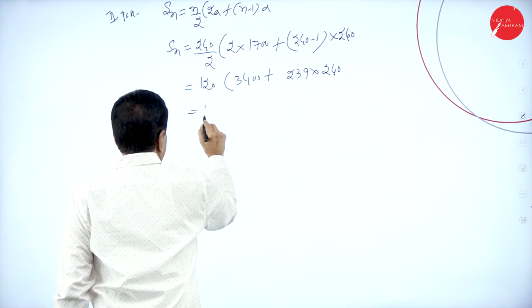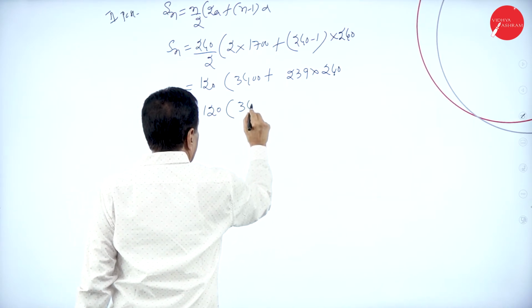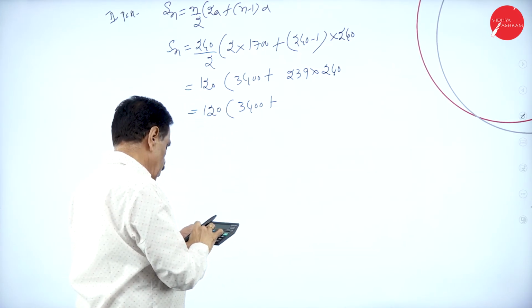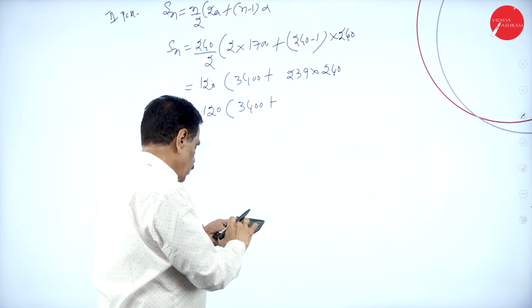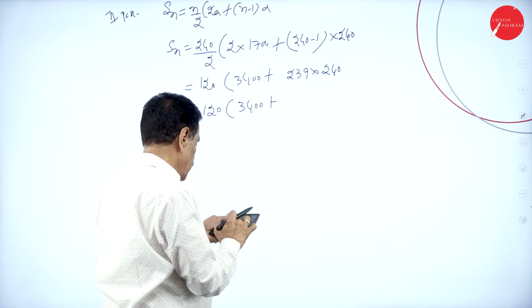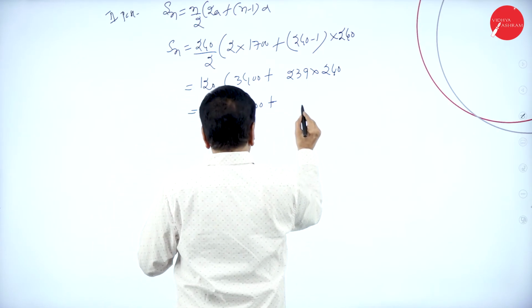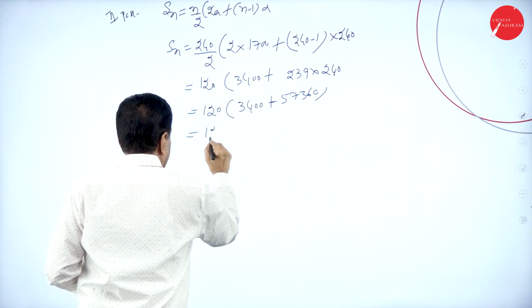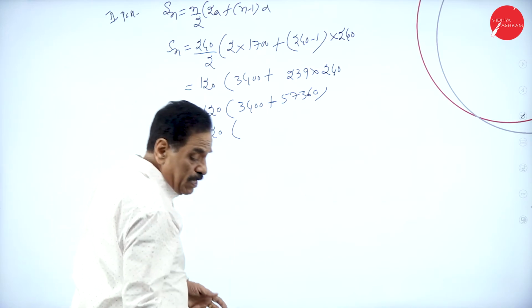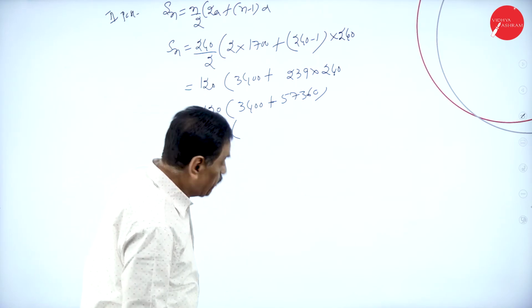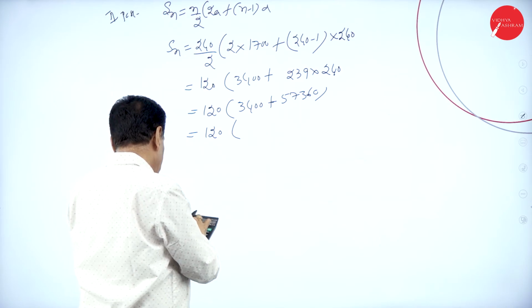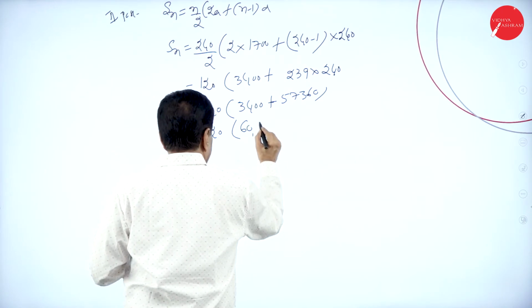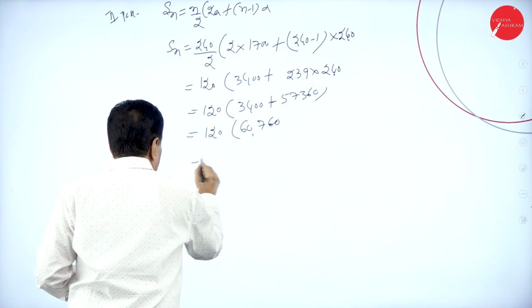So this is 120 into 3,400 plus 57,360, which is 60,760.